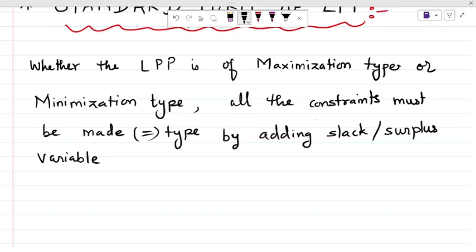Adding or subtracting slack variables will both work.